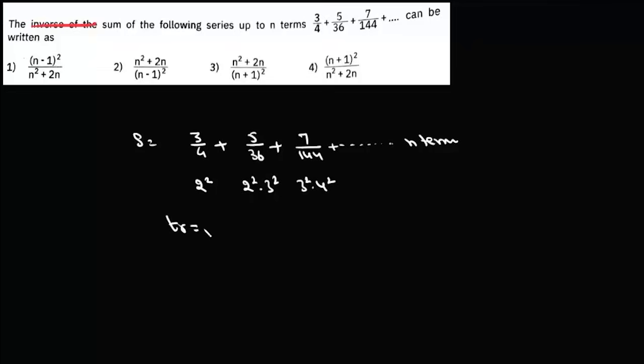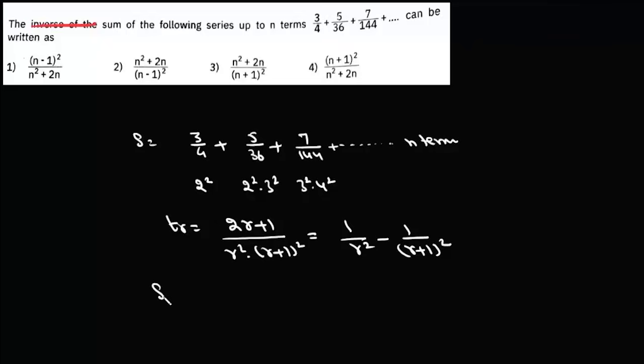So its general term will be (2r plus 1) upon r square into (r plus 1) square, which we can write as 1 upon r square minus 1 upon (r plus 1) whole square. Now sum of n terms will be this first term plus this second term and then this nth term.